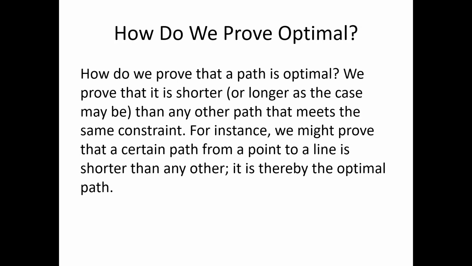So how do we prove, for instance, that a certain path, and you can probably guess which one it is, from a point to a point on a circle is the maximum distance that one can go from a point to a point on a circle? We'll prove that it's longer than any other. And the way that we typically do that is we'll consider a representative other, and we'll show that our chosen one must be longer than that representative other, and then we will conclude that it's optimal in the sense of the greatest. That's how we go about it.